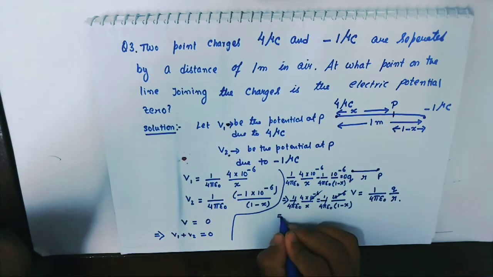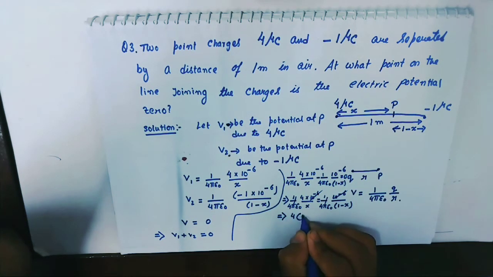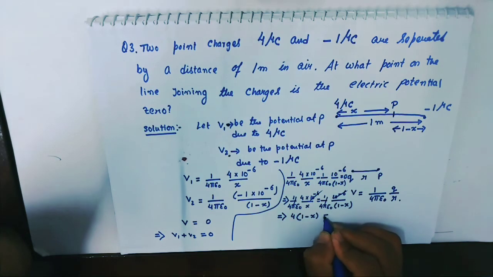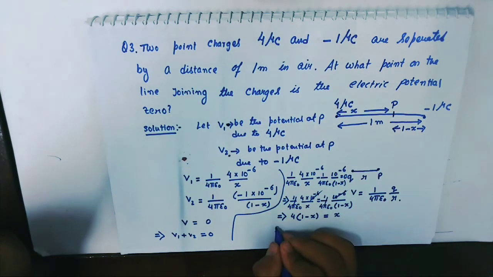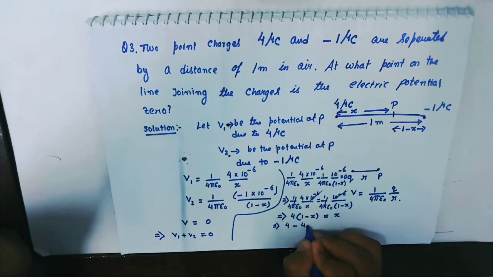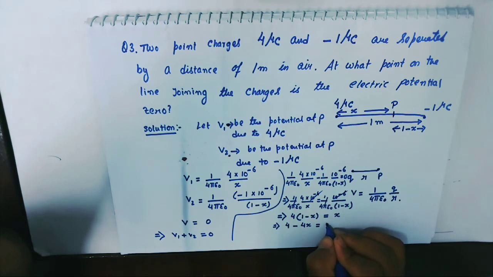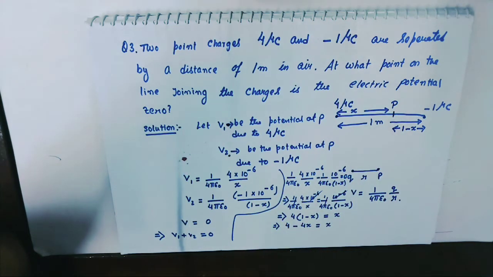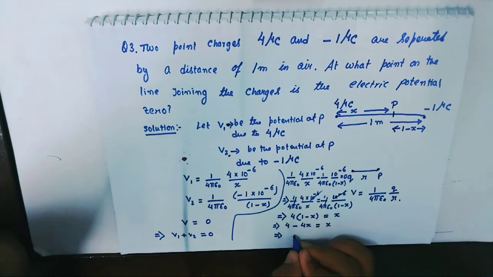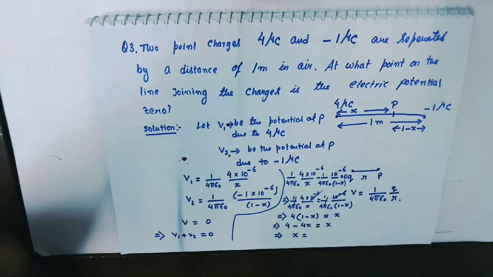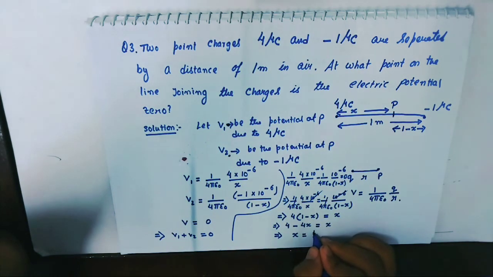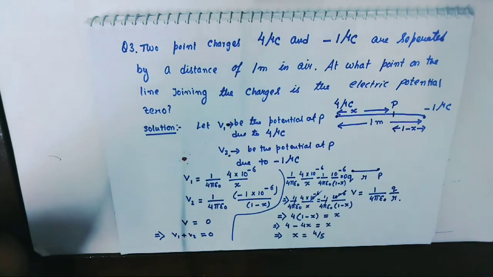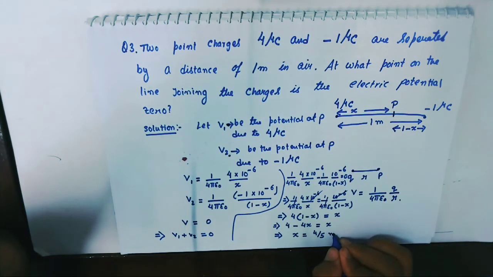So we will remain with 4 multiplied by 1 minus x equal to x. So 4 into 1 is 4, then 4x equals x. If we solve for x from here, we will get x equal to 4 by 5. The unit is meter.